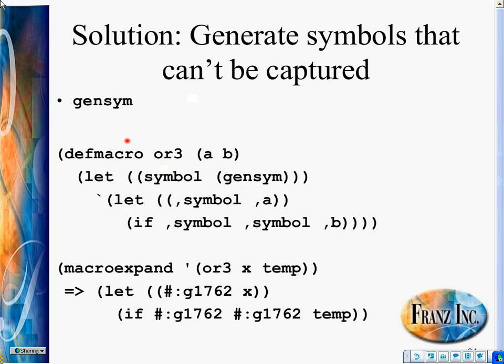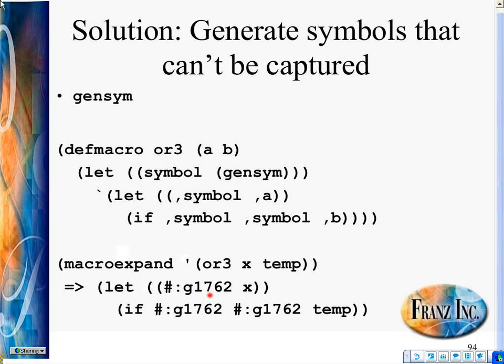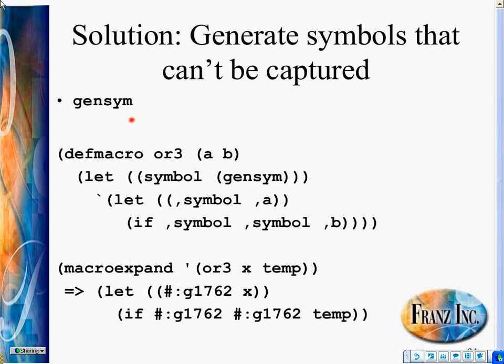So nothing prior to it, none of that let form, can cause a variable capture problem. The cost is slight because you are creating a new symbol, and that has certain resource issues, but they're probably not significant unless you're calling this a zillion times. So here we have our third try at an OR macro with 2 arguments.